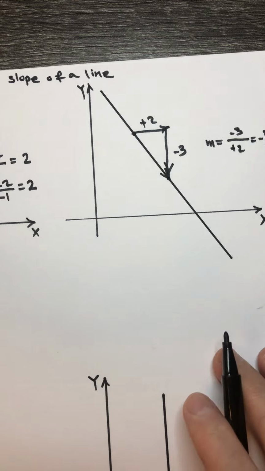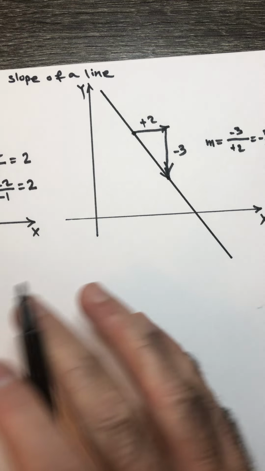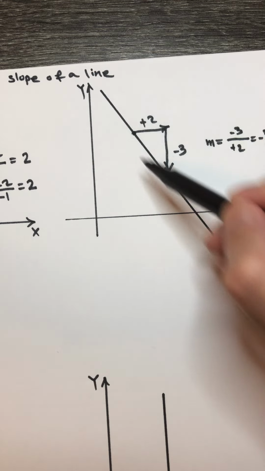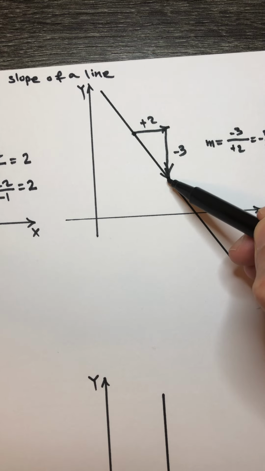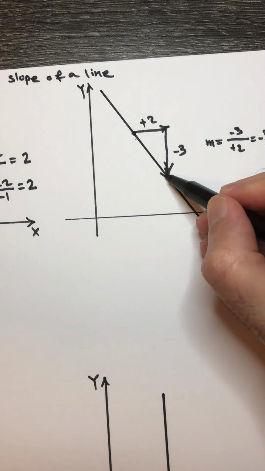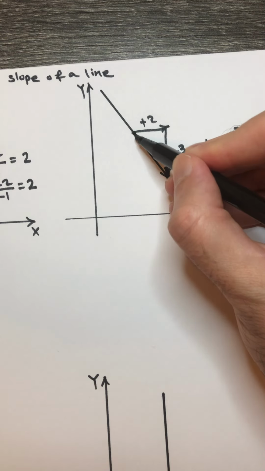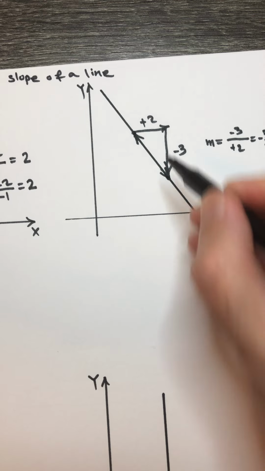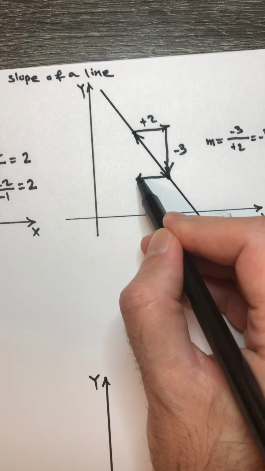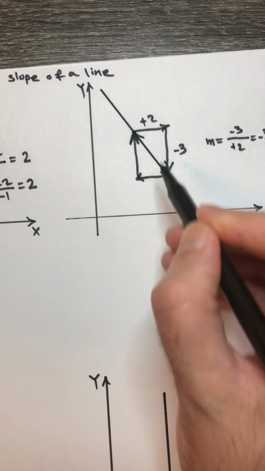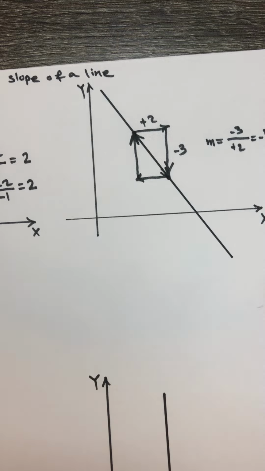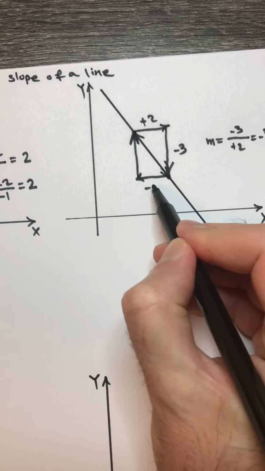So this is -3/2. And as we said, it doesn't matter, we could do it for any other points. We could have gone from this point to this point. Now let's go from this point to this point. We can decompose this movement into a horizontal movement and a vertical movement. Our horizontal movement, again, is 2 units, but it is to the left, so it is -2.